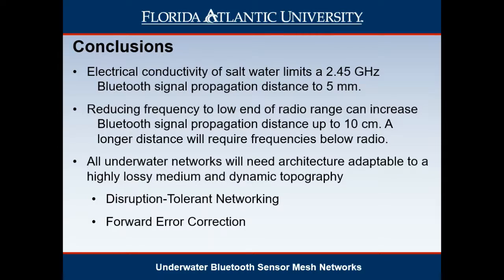Things like disruption tolerant networking and forward error correction are really going to be necessary to allow nodes to communicate in the short time that they're within range of each other, and ensure that whatever data they get will be useful to the node. This is really the only way the network will be able to maintain any kind of connectivity.